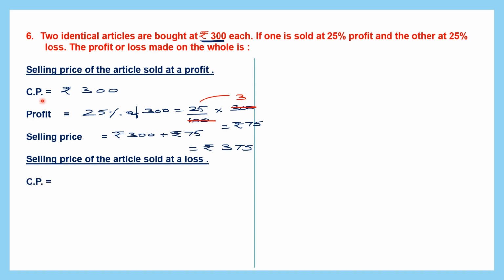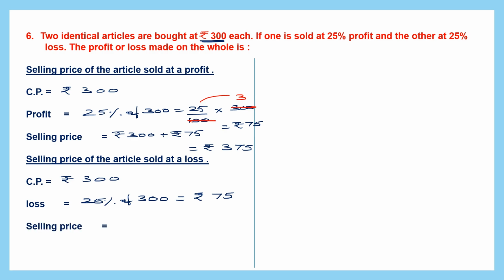So here also the cost price is 300 rupees, because both are sold at 300 rupees. Cost price is 300. The loss is 25% of 300. We have already found 25% of 300 to be 75 rupees.